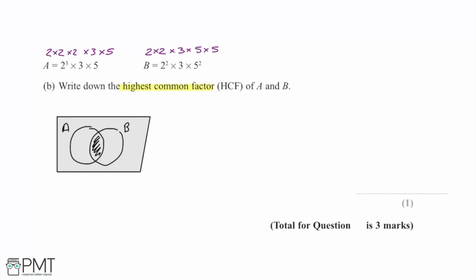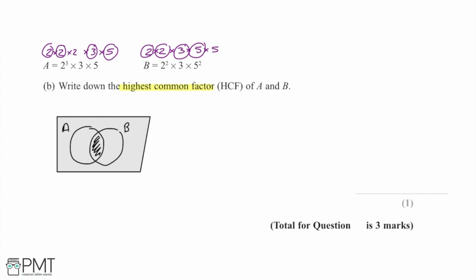Now I just need to look between A and B and find these factors that are in common. So if we take 1, 2 from each one, and then we can also take another 2 from each one here, we can take the 3, that's common, and then we can take 1, 5. So there's lots of common factors here. However, we have this multiplied by 2 in A and the 5 in B, which aren't common, so we can just work with the ones that we've circled.